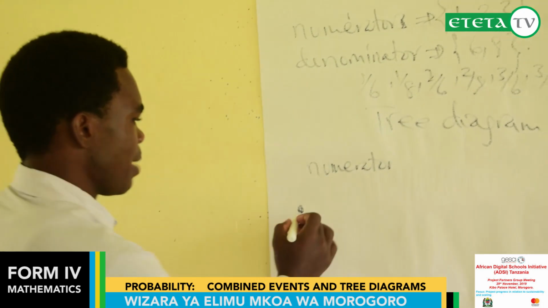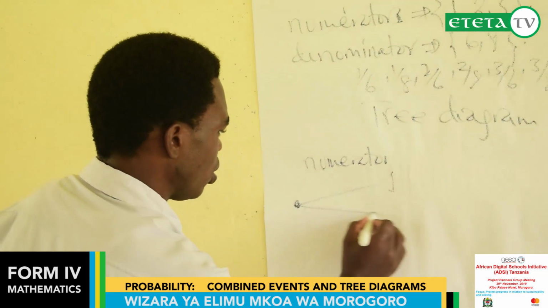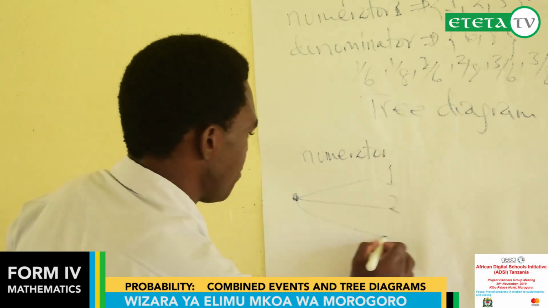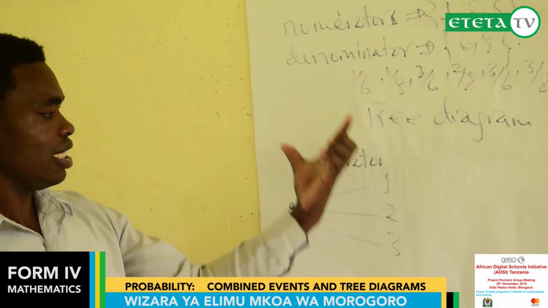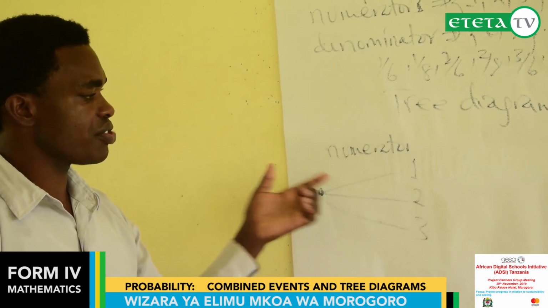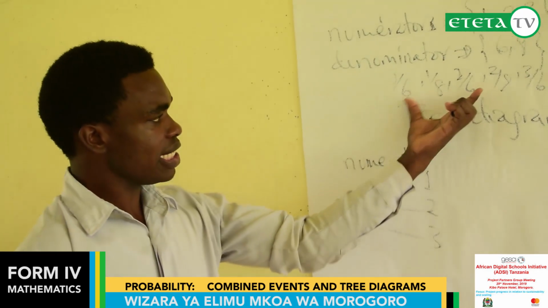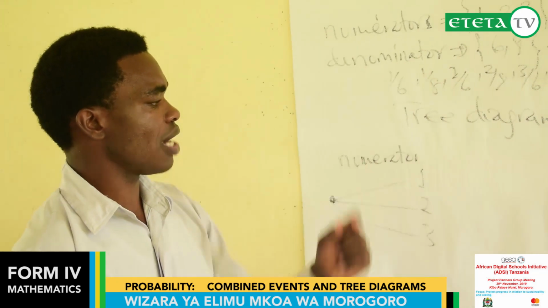We know that the numerator can be formed by using either 1, or 2, or 3. These are the digits which are used for the numerator. As we can see here, the numerators are 1, 2, and 3.